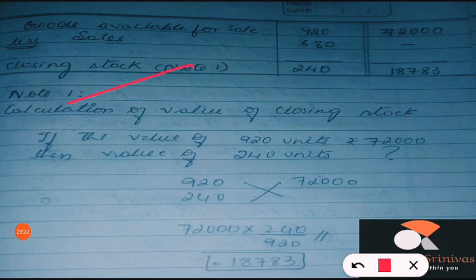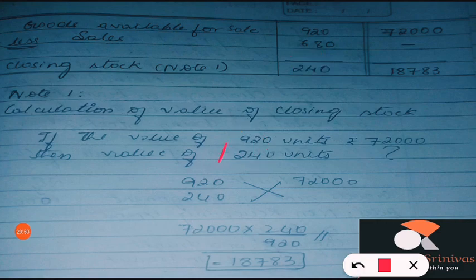If the total value of 920 units is 72,000, then what would be the value of 240 units? So that is what you are going to see here.